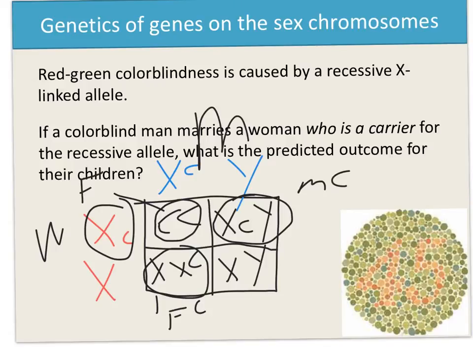And here we have an X and a Y, normal male. Okay, so their children, we will have one female that is colorblind, a female carrier, a male that is colorblind, and a male that is normal.